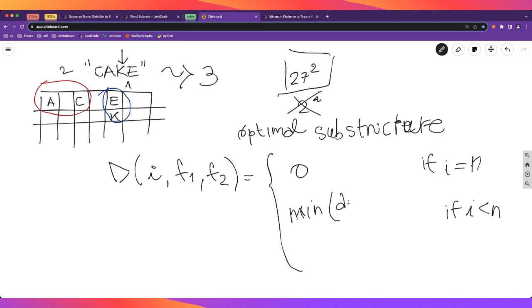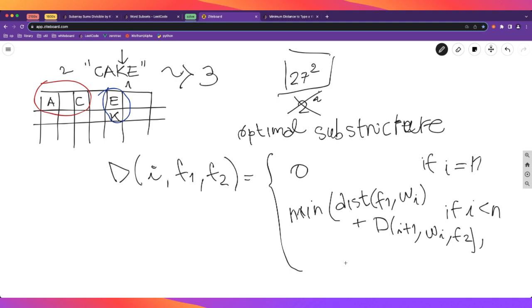Let's say that we have a distance function from the position of finger 1 to the letter I of the word plus the distance from I plus 1, and f1 is now going to be at this letter, and F2 doesn't change because we did not use it in this case.